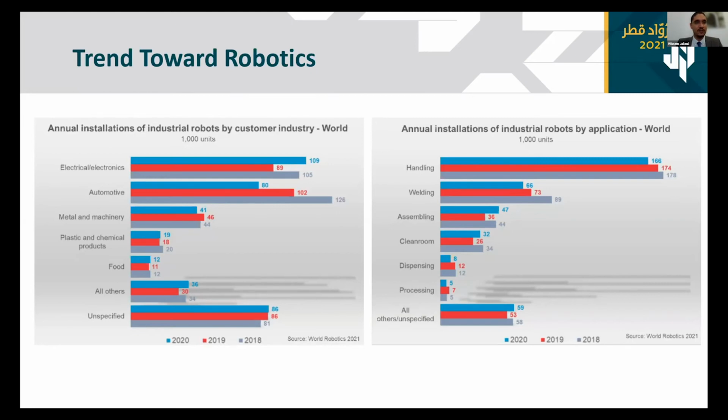Now moving to the graph on the right, among these industries, what are the most common applications that we use robots for? Basically, we use robots a lot for handling, welding, and assembling.